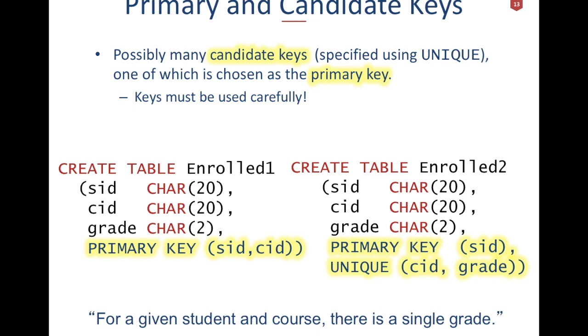For example, in this example, enrolled, that's showing students enrolled in courses. The correct way to do it is to have the student ID and the course ID as the primary key, and I've seen this example before. Another option, enrolled two, is to have the primary key SID, student ID, and the unique key course ID and grade.